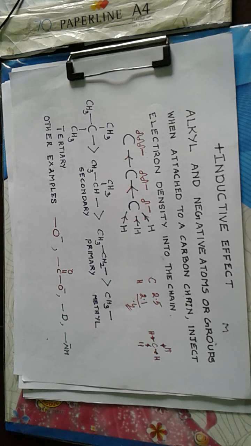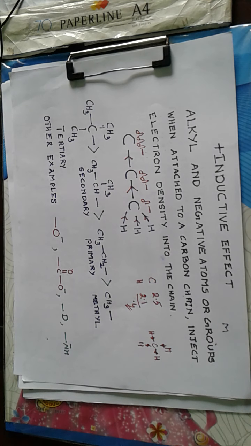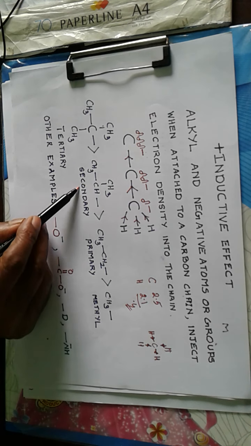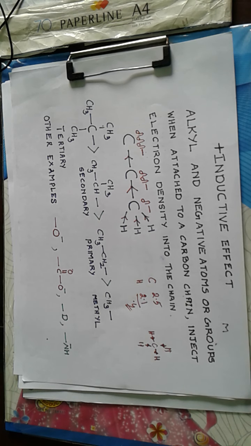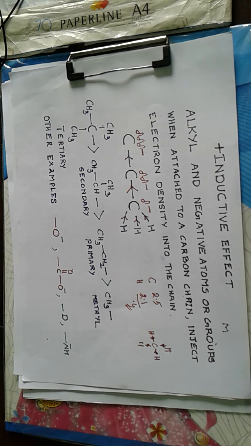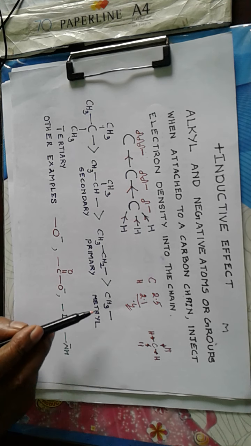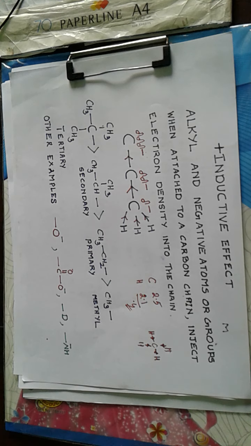When we compare various types of alkyl groups, a tertiary alkyl group, that is tertiary butyl group, has a higher plus I effect than a secondary alkyl group, that is isopropyl group, which is shown here, and which has a higher electron donating, electron repelling character, or plus I effect than a primary alkyl group, and this group has a higher plus I effect than the simple methyl group.